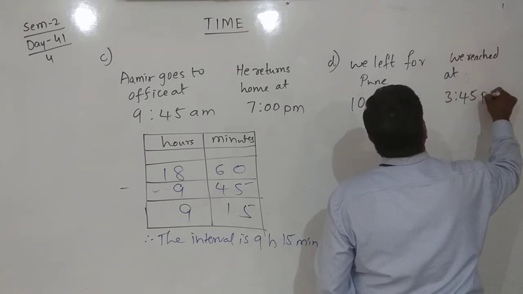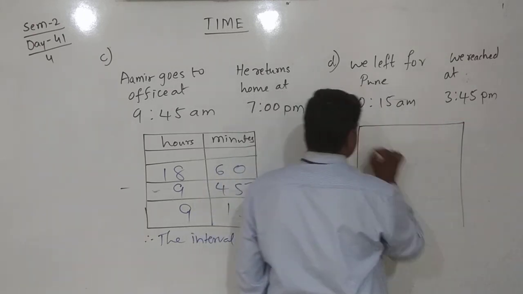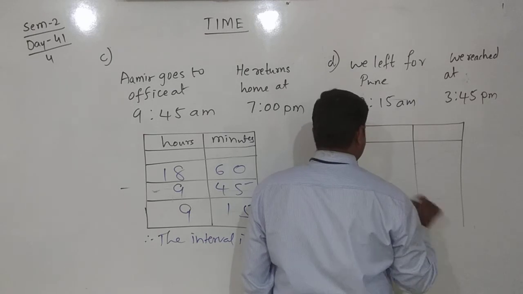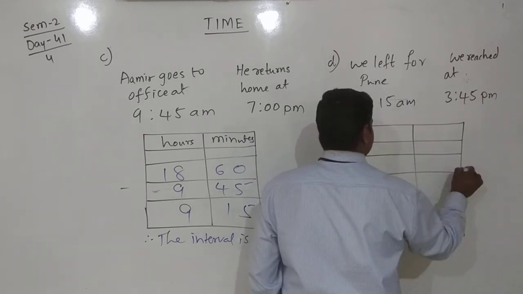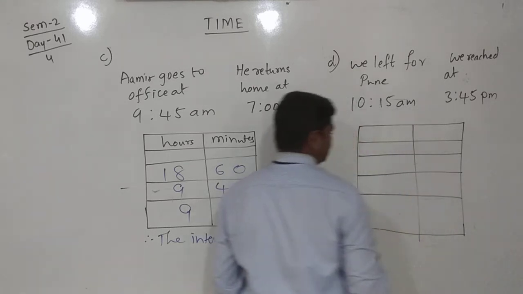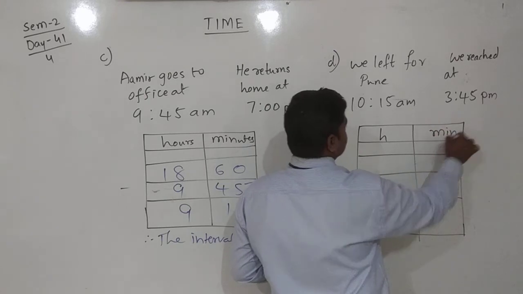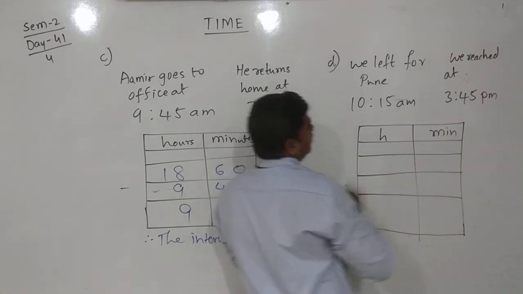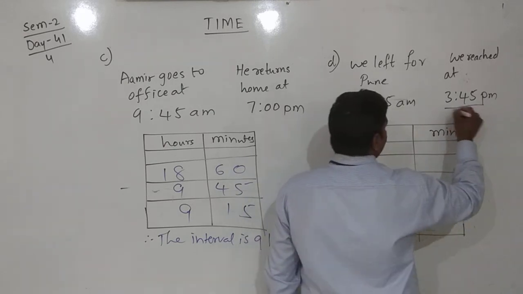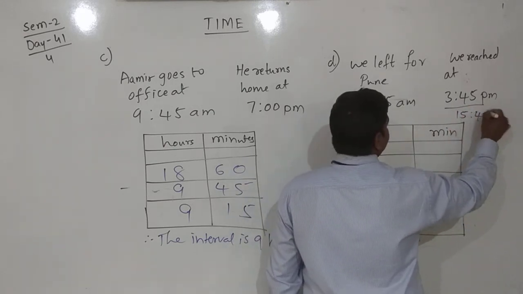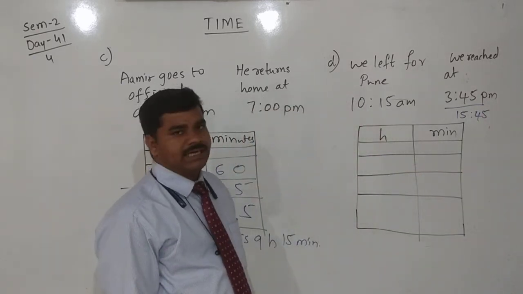Then you should calculate the interval, the time taken to travel up to Pune. How much time did you spend traveling? For that, this is hours, this is minutes. Now convert this 3:45 into the 24-hour clock: 12 plus 3, 15:45.